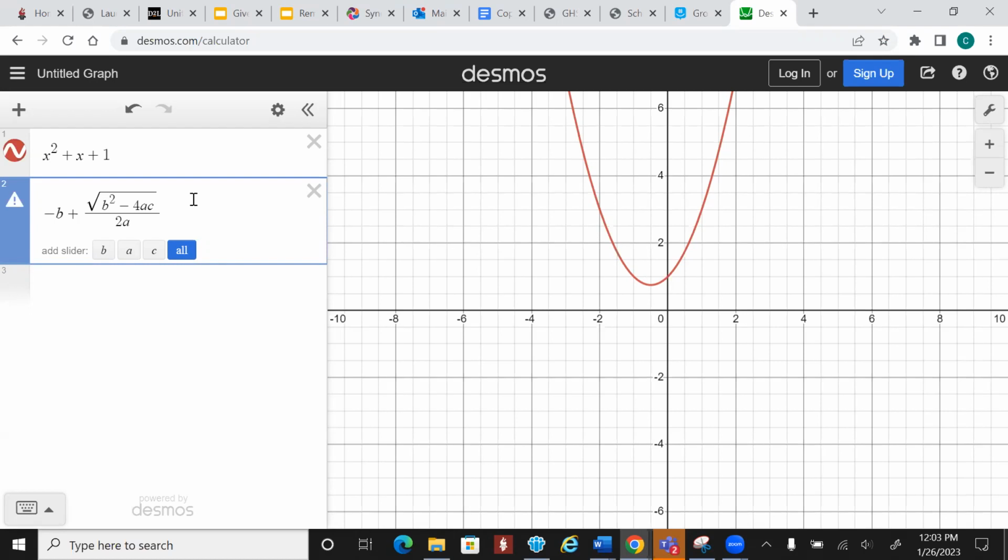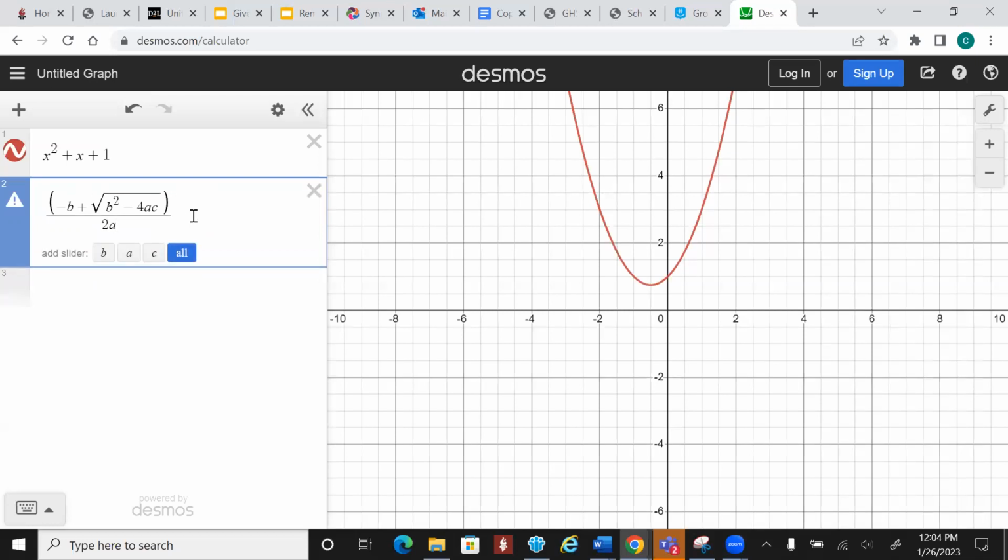So with that being said, what you can do is substitute into that equation. Desmos is going to carry.